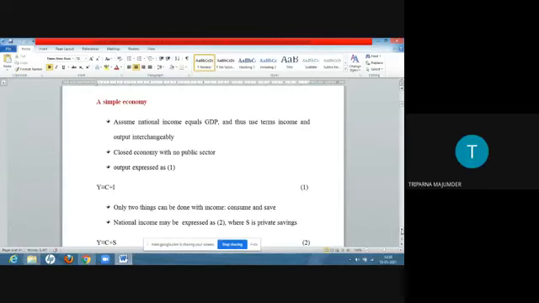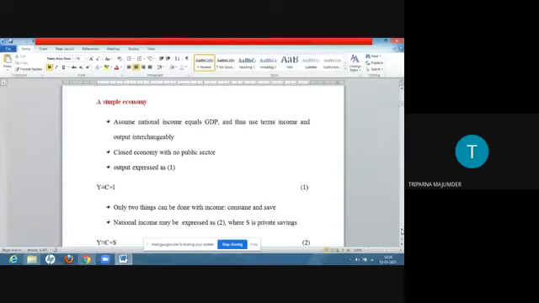We assume a closed economy with no public sector. That means we are assuming away G as well as NX. So our output expression will be Y is equal to C plus I.